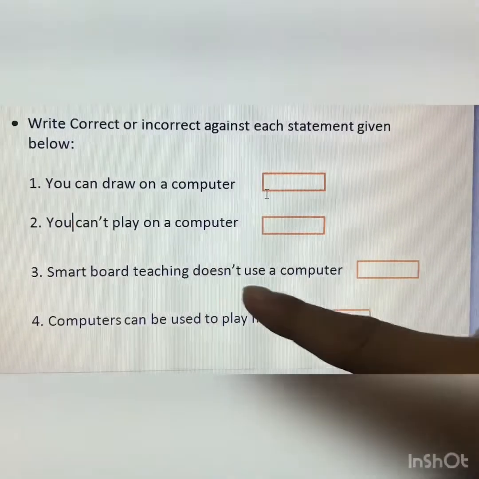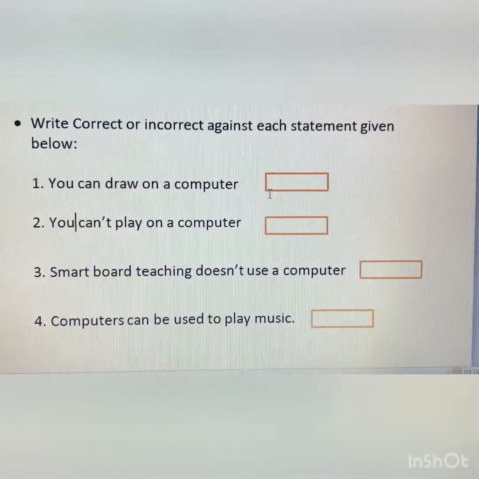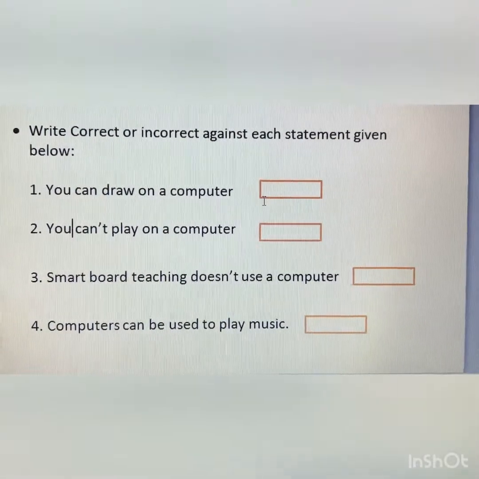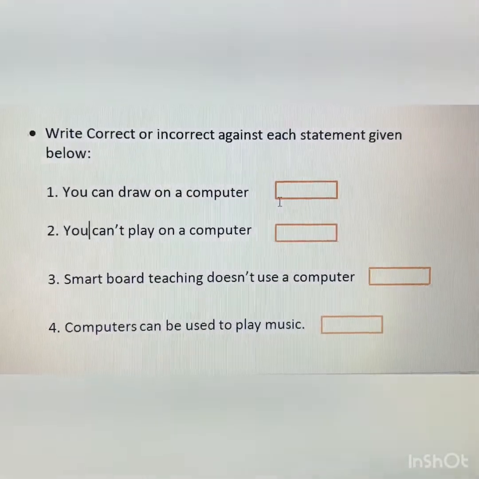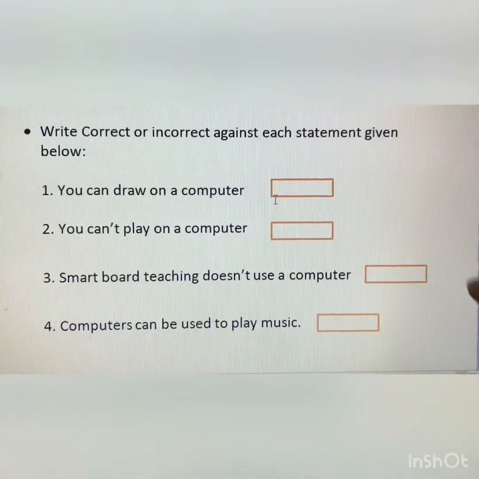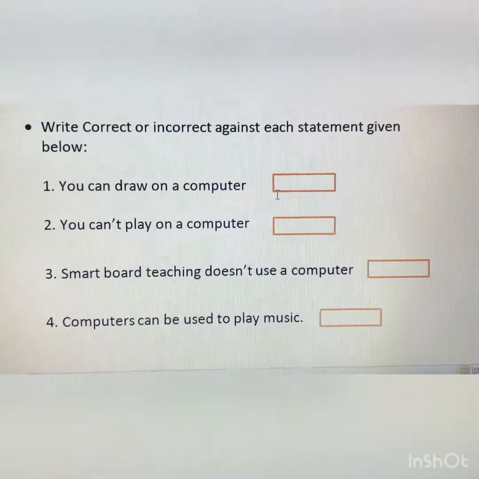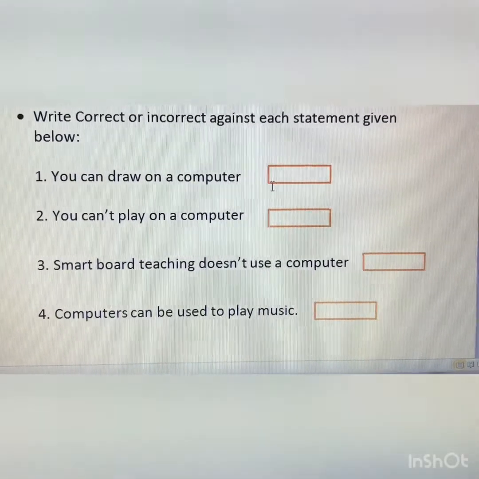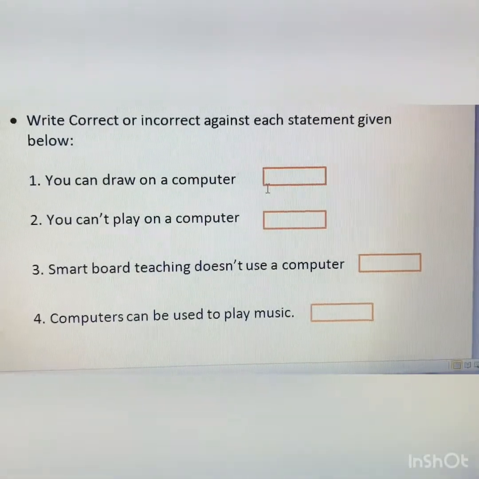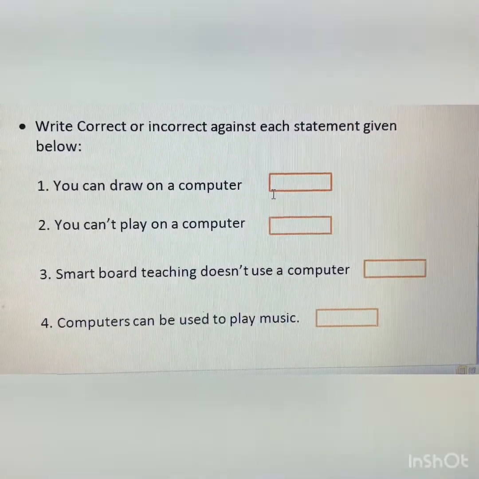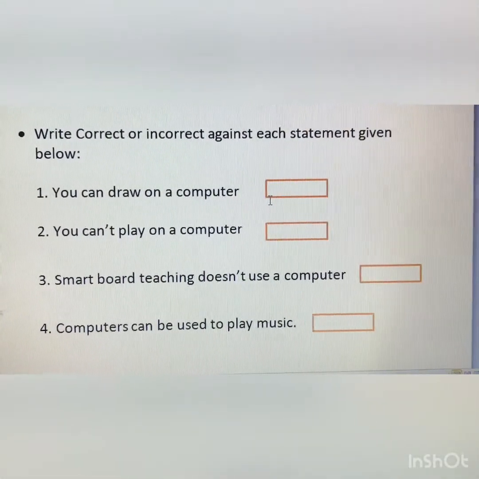Smartboard teaching does not use a computer. If your teacher wants to teach on the smartboard, does it use a computer? Yes. So the statement is incorrect. A computer can be used to play music. Correct or incorrect? Correct. So at home, read all the statements again and write them in your rough notebook.